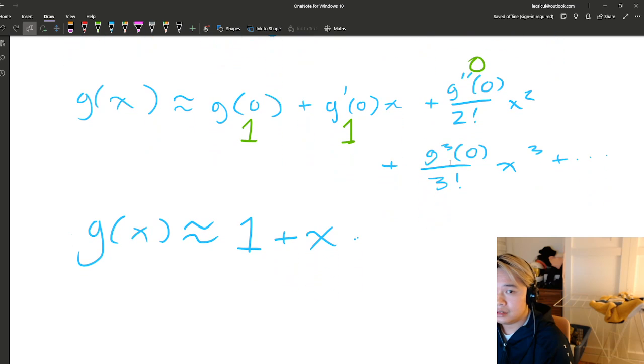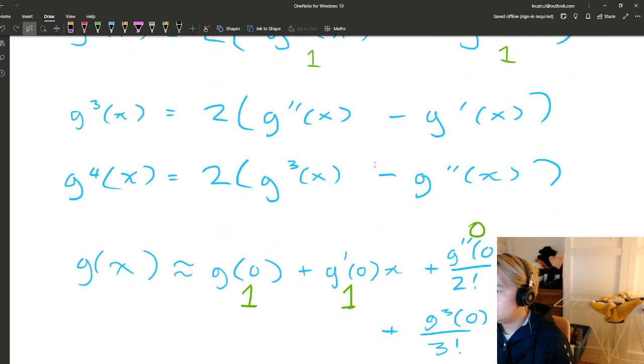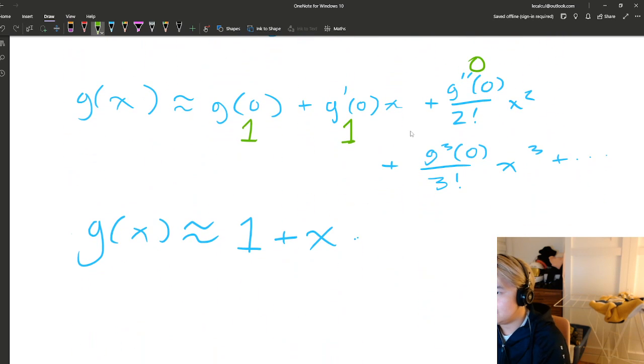And then triple prime at 0 is going to be the double prime at 0, which we know is 0, and then the first derivative at 0, which we know is 1. So this is 2 times negative 1. So this one is negative 2. Okay, so this is going to be basically minus 1 over 3 x to the power 3.